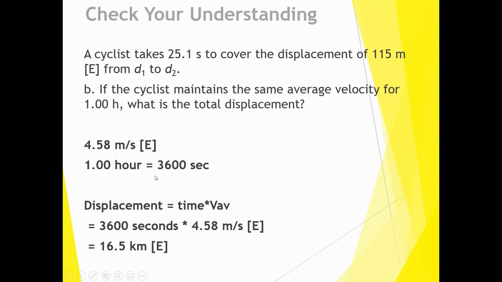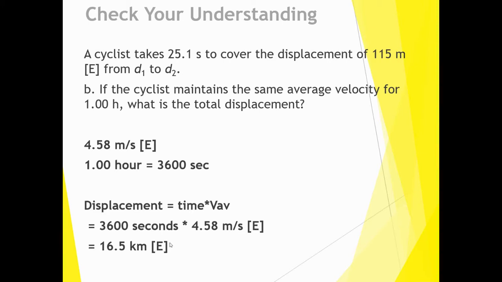So if we know how to rearrange our equation, displacement equals time times the average velocity. So we get 3,600 seconds times 4.58 meters per second east, and we end up with 16.5 kilometers east. And again, displacement is a vector, so it needs a direction, so we need to carry that direction through our problem.